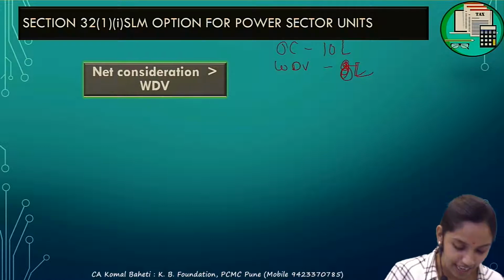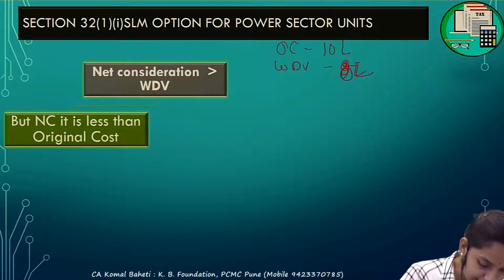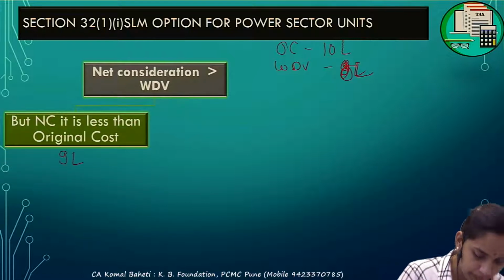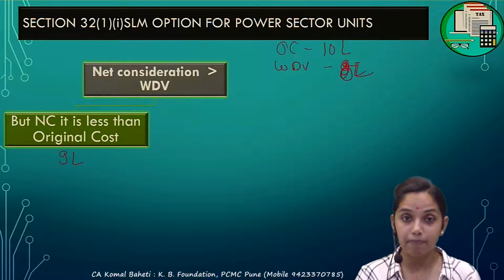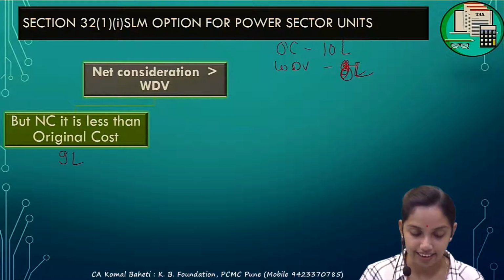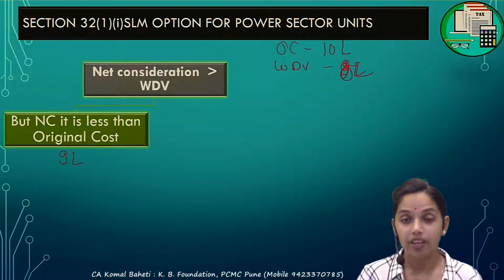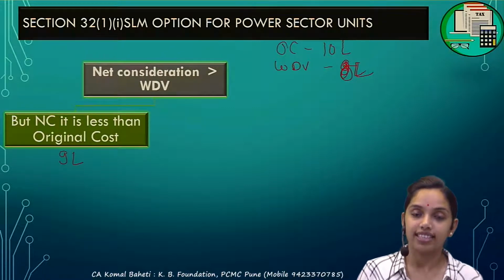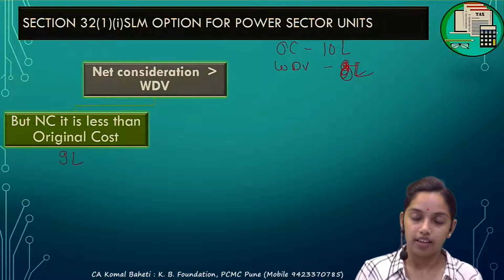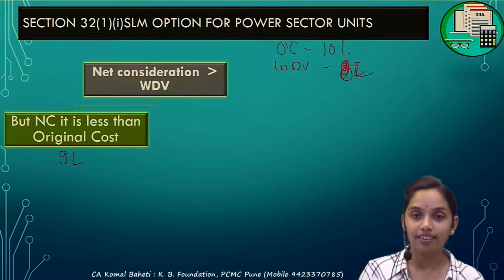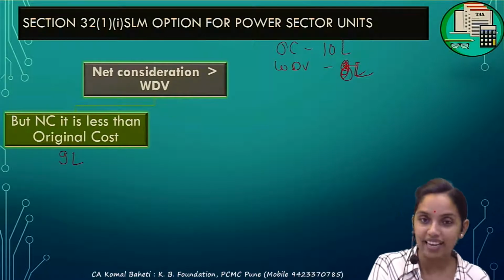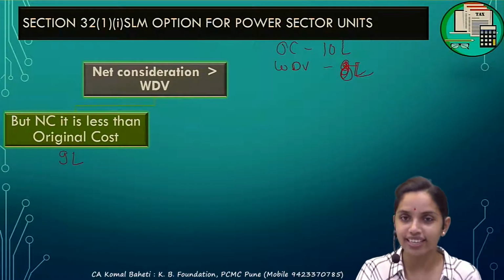So first example, I take it, if the sales consideration is 9 lakh. Then what would happen? If my sales consideration is 9 lakh, okay, and the value of the asset is 8 lakh, so definitely there would be a gain. Because the WDV is 8 lakh, you had sold it at 9 lakh. So there is a gain of 1 lakh.